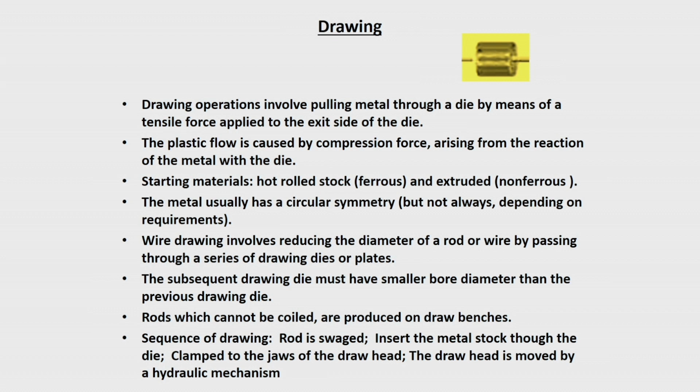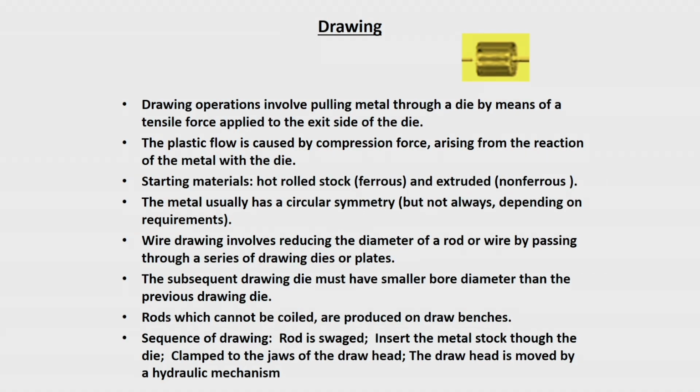In the sequence of drawing operation, the rod is first swaged. Swaged means the cross section at the tip is reduced. If it is a conical die, the diameter of the billet is large, but it has to pass through this die. So, initially you may do a swaging operation by which you reduce the tip diameter and form a conical shape, and then that part enters into the die and comes out.